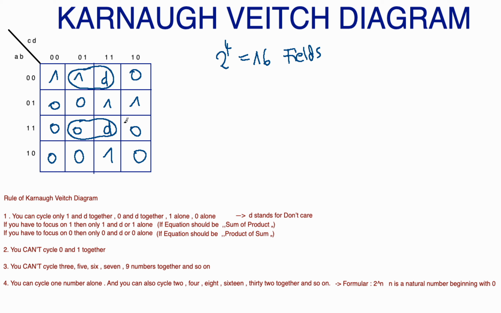Or you can cycle 1 and 1, or 0 and 0. That's allowed. Okay? Or like in this case, D and 1 together.